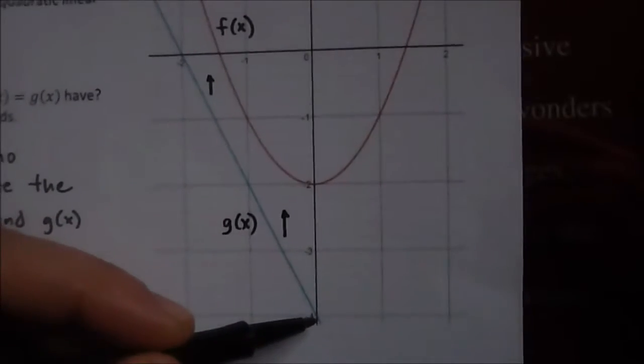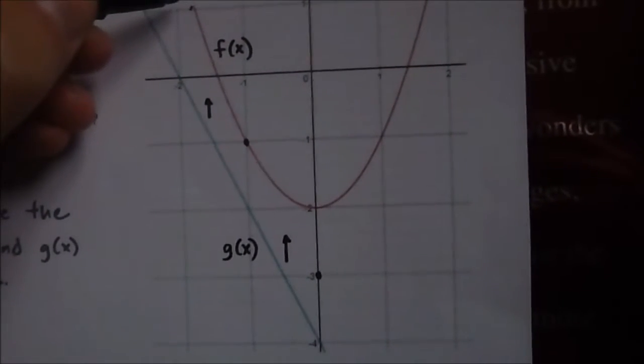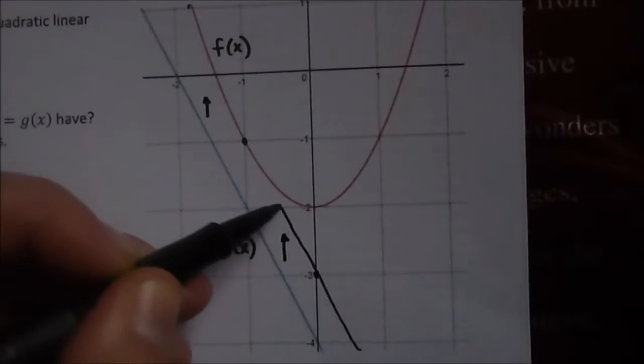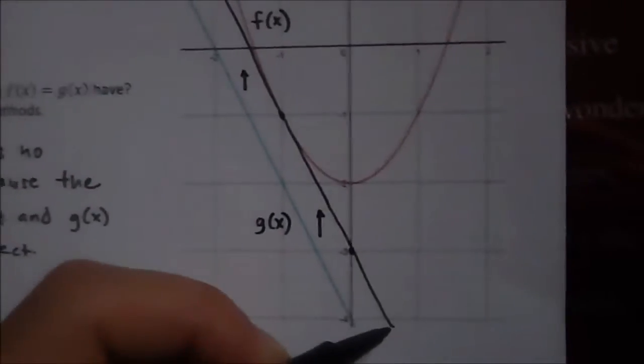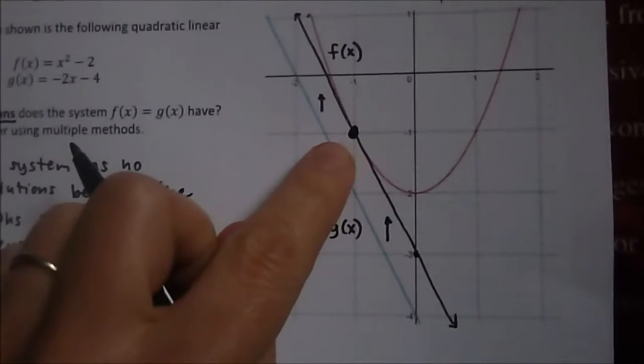So I can see here, if I translate this line for g of x up by 1 unit, the line of g of x is now going to intersect the equation of f of x at one place.